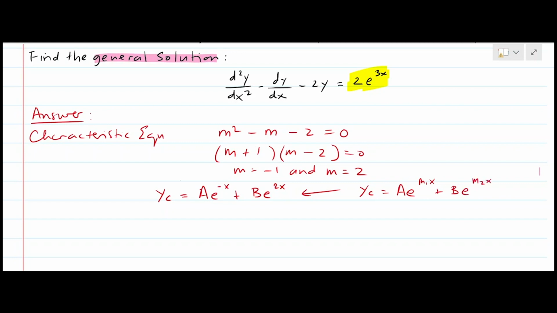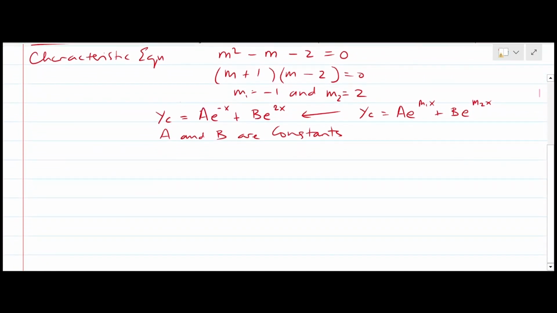In this case we have our m1 and m2 respectively, and a and b will be constants that we will find later using the given initial and boundary conditions, if available. However, this is not the case, so let's move on, because this is only finding the general solution.